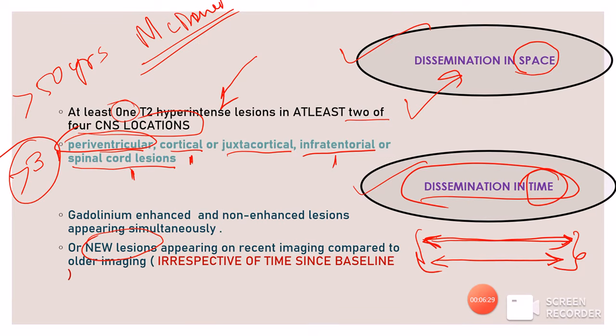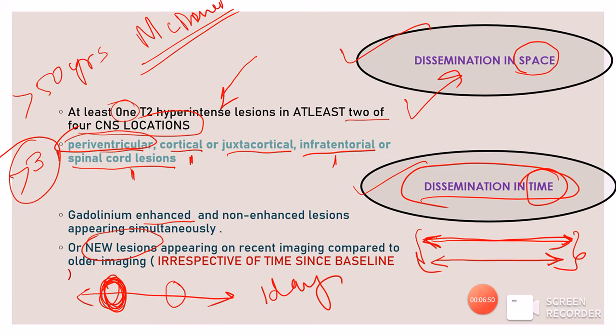At the same time, suppose we do an MRI in a patient on one day, and in that MRI we see that certain lesions are gadolinium enhanced. Usually we do an MRI along with gadolinium. So we see that certain lesions are showing enhancement and there are certain lesions which are not showing enhancement. Now what should it trigger in your mind?